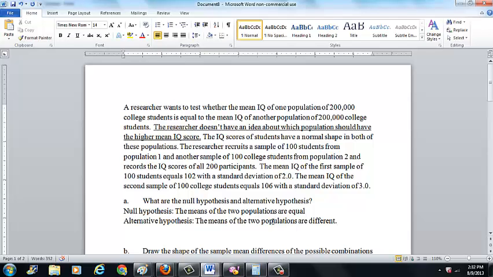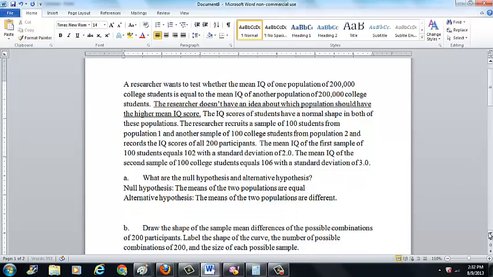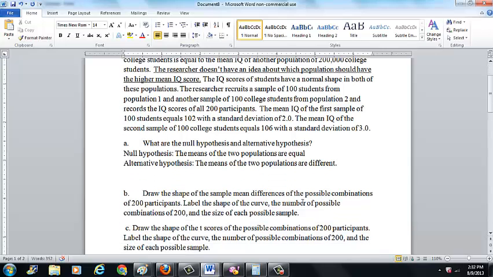So this is the alternative that the researcher is trying to support. And since this alternative hypothesis doesn't have the word higher or lower in it, it's a two-tailed test.